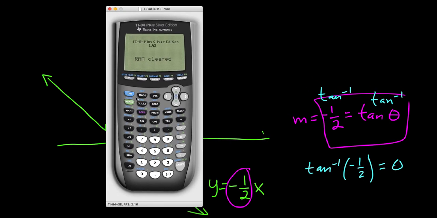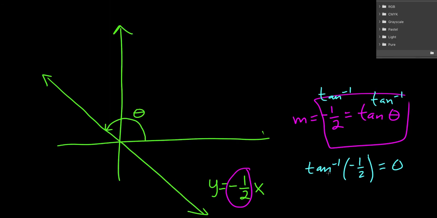Okay, so we're in radians, the calculator's in radians, and we do tangent inverse of negative 1/2. We get negative 0.464.